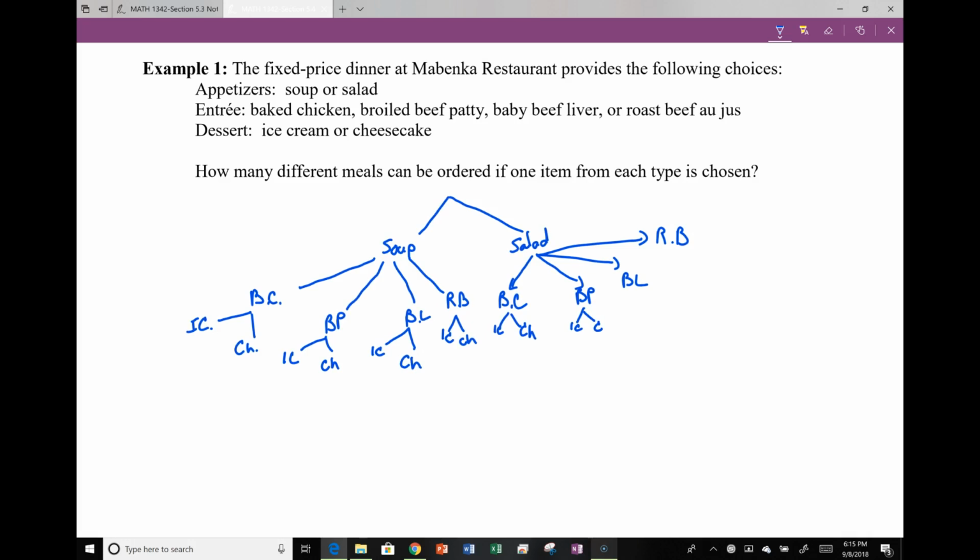Now, if I were to do this for each one, I've got 1, 2, 3, 4, 5, 6, 7, 8, 9, 10, 11, 12, 13, 14, 15, 16 different combinations I can choose, because realize that each one of these ending with the dessert is a different selection.